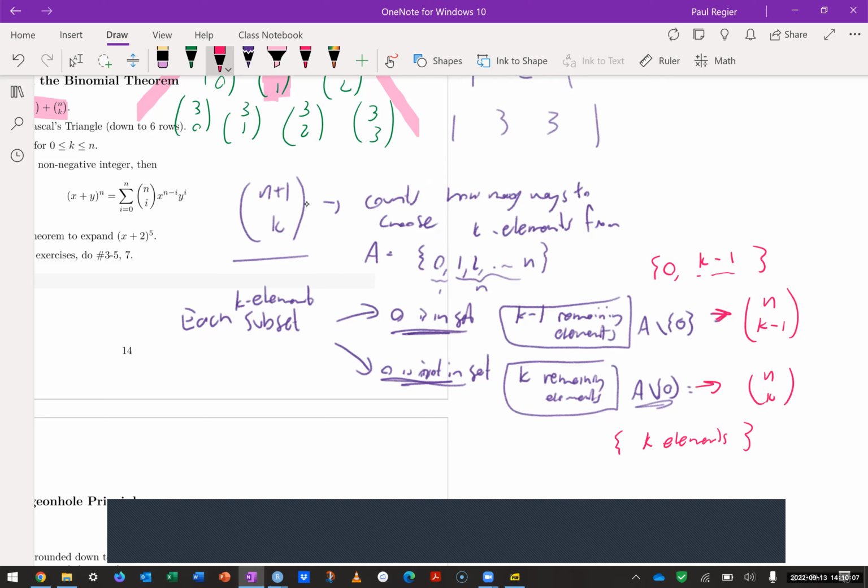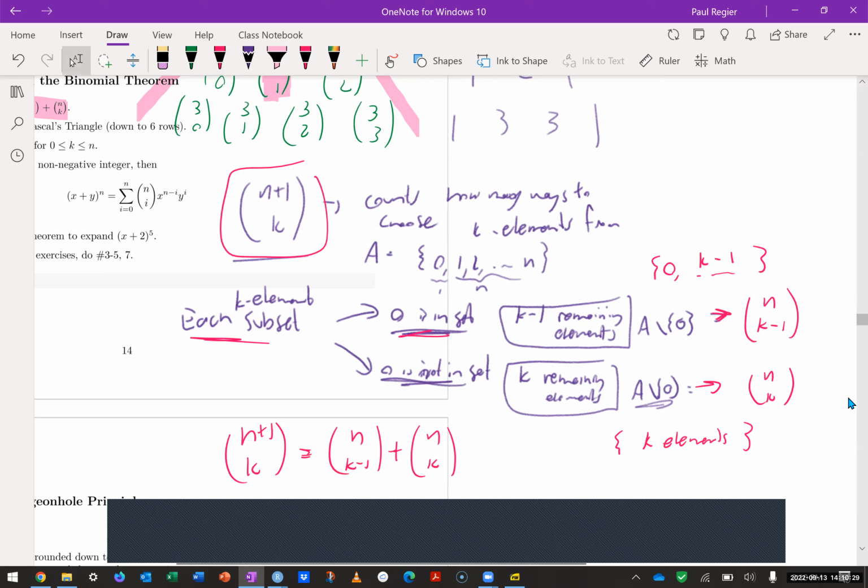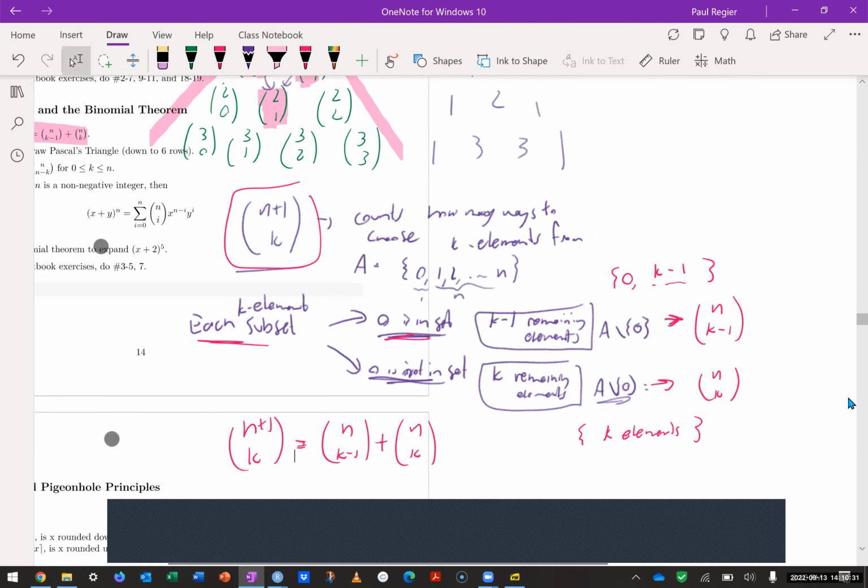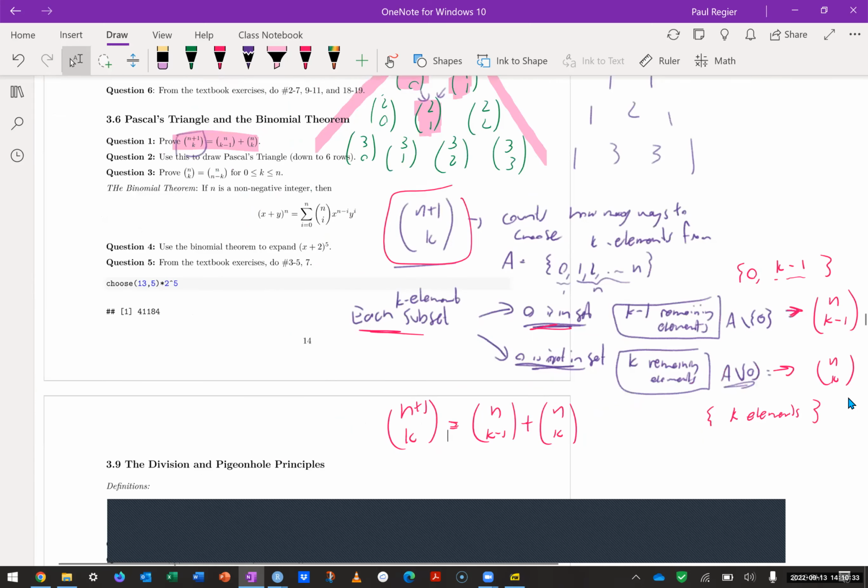So this accounts for all possibilities of each subset of this set. So the resulting way of counting is saying, if I count the two ways that I can add my subset, it's another way to count k element subsets of n+1. So it's a combinatorial proof. It's also in the textbook if I explained that poorly.